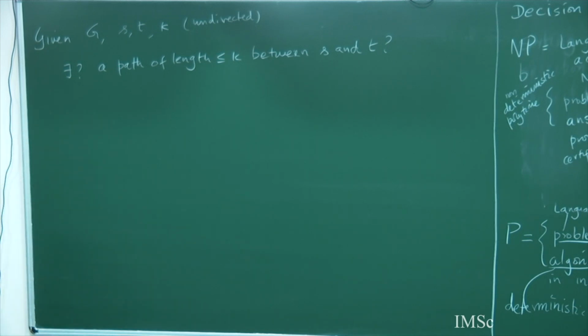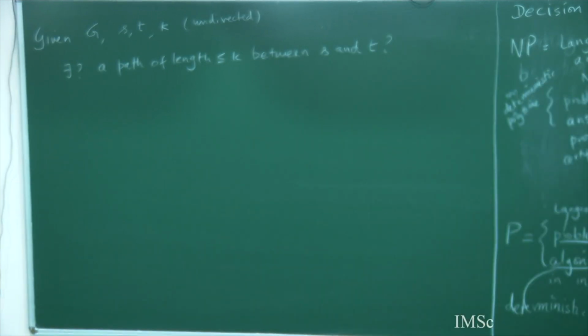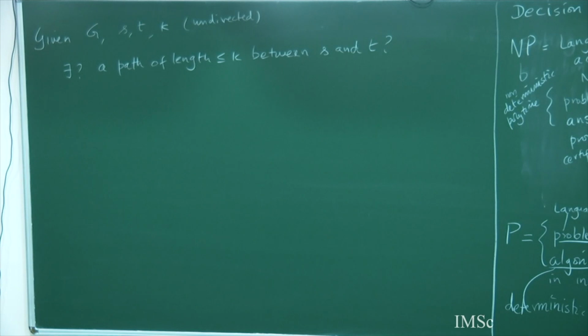You can run a BFS from S and see whether T is reached, and you'll get the length of the shortest path. And hence it's in NP, I claim, because what do I need? The yes answer has a poly-length proof verifiable in poly time. If the problem is in P, even the no answer is verifiable anyway.